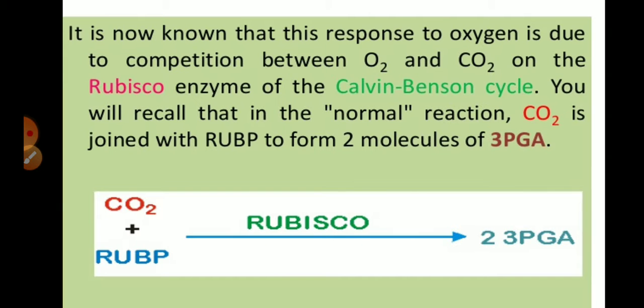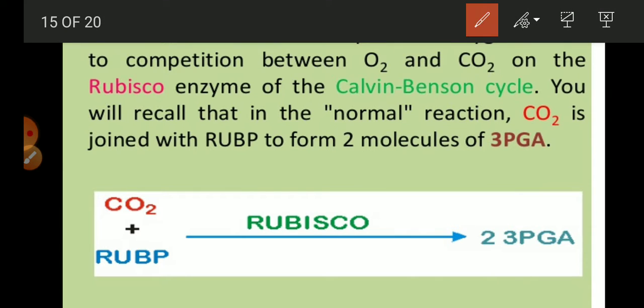It is now known that this response to oxygen is due to the competition between oxygen and carbon dioxide on the Rubisco enzyme, and that is also called the Calvin-Benson cycle, because these two scientists discovered this process.